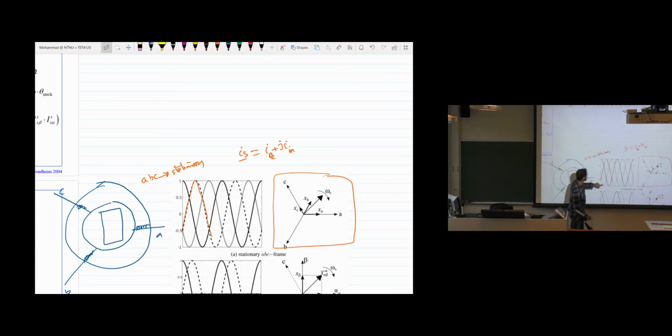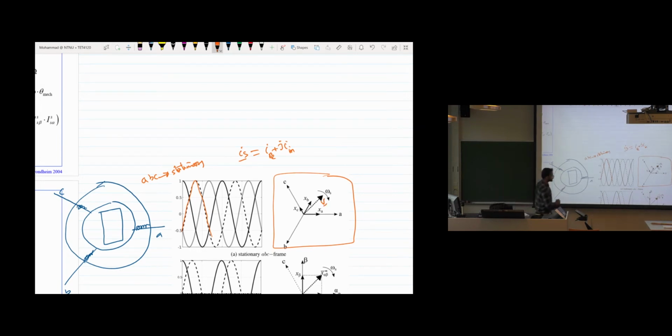So let's say somewhere here we have the positive A, positive C, and negative B, and the sum of these three vectors gives us this component here. So this is the resultant vector.